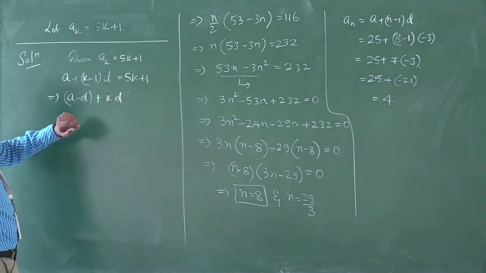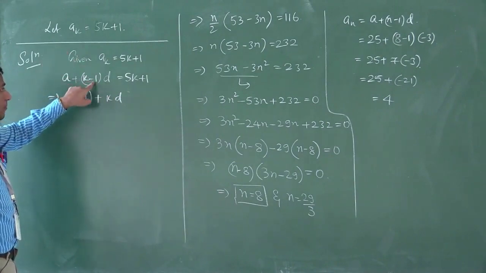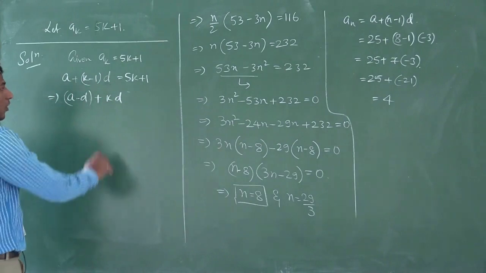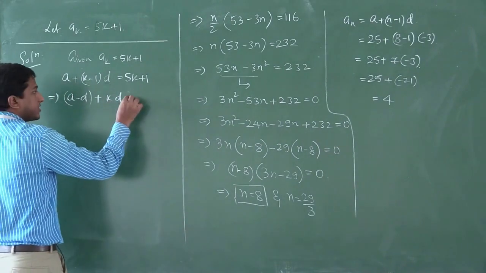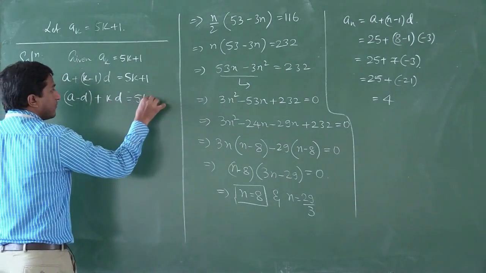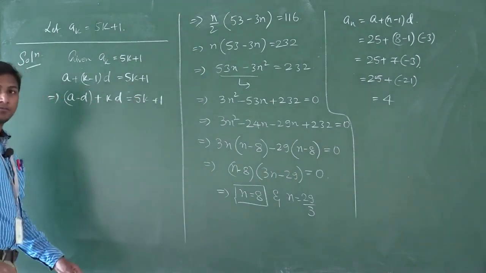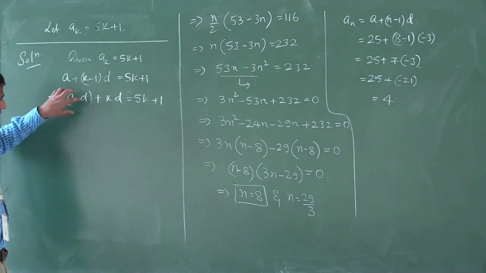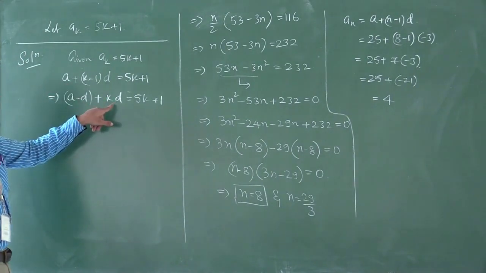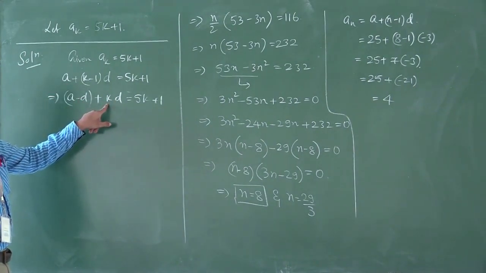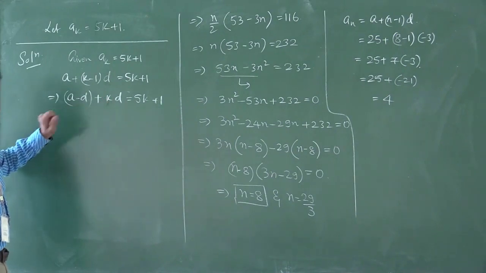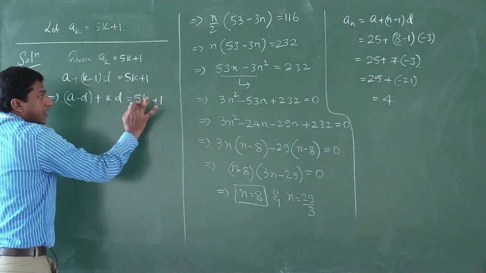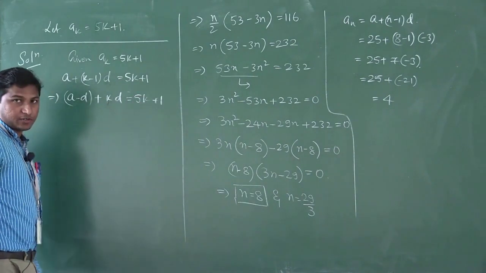So the LHS is a minus d plus d into k. What is on the RHS? We have 5k plus 1. Now look here. On the LHS we have a constant term and a term with k. Again on the RHS, we have a k term and a constant term.